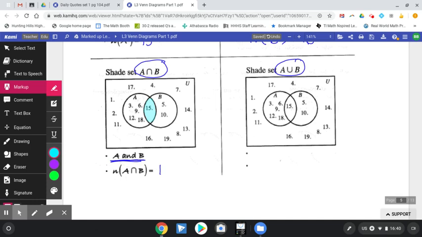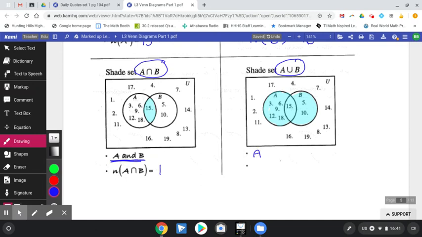If I want the union of A and B, I want everything that's in A and B. So this shaded region would be the union of A and B. And when we put that with words, the connector word is or, A or B. Every element that we see in that blue region belongs to A or B or both, because in math, or is inclusive.